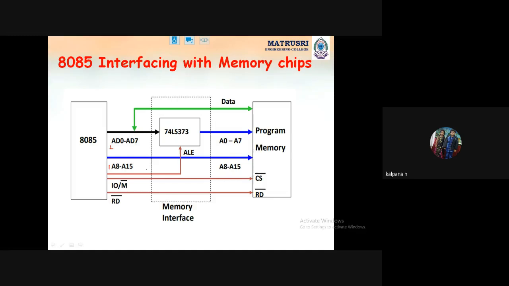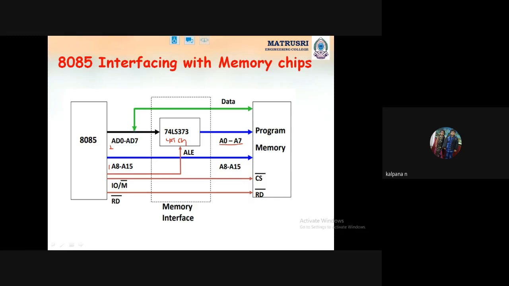Very good, ALE we are connecting. ALE comes under control signals to enable the latch. So what is the use of this latch? The latch is used for separating A from AD lines. Very good. So we have separated A from AD lines, and these lines we have connected directly.